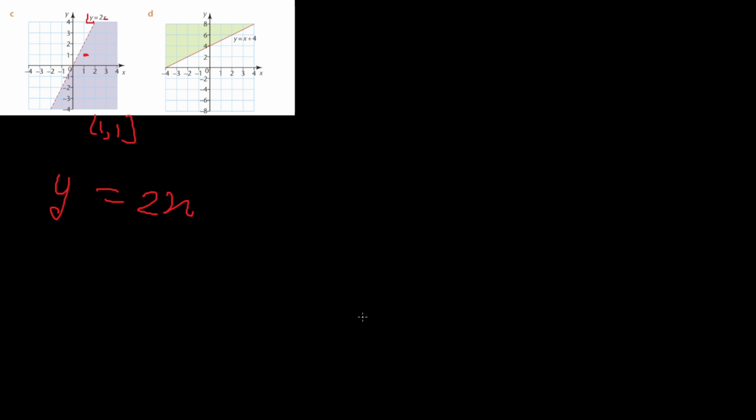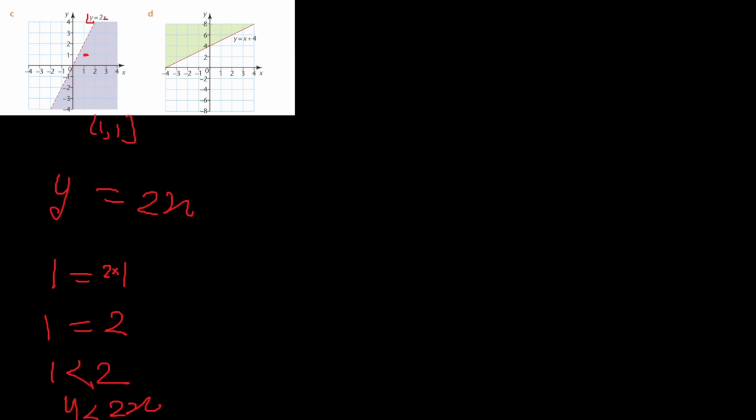Since we can just substitute this, y we know is 1, so we put 1 here, and 1 compared to 2 times 1. When we multiply it, we get 2, so we know that 1 is less than 2, and we know this is the dotted line, so y is less than 2x, that would be our answer.